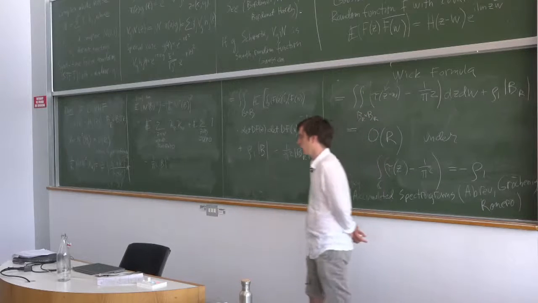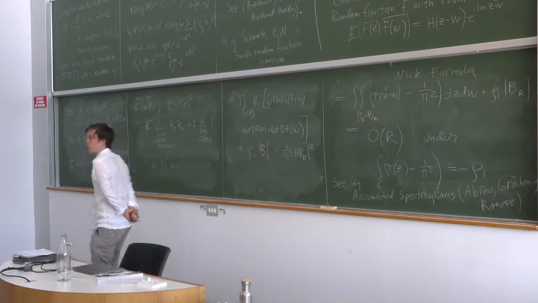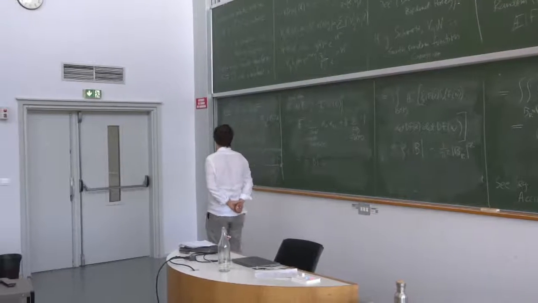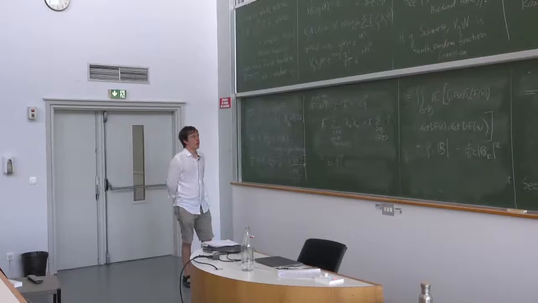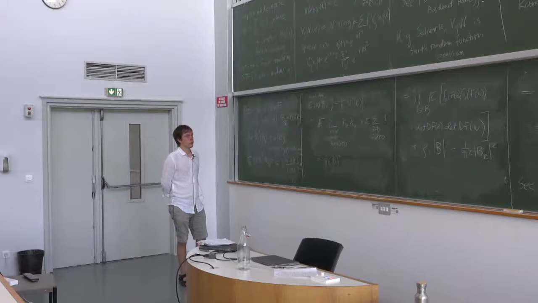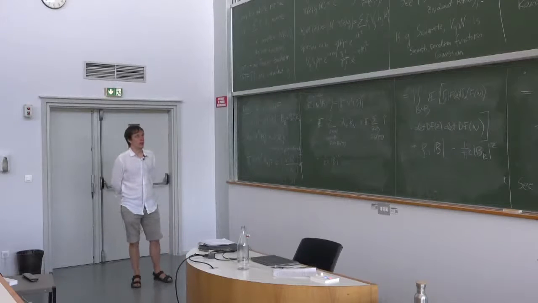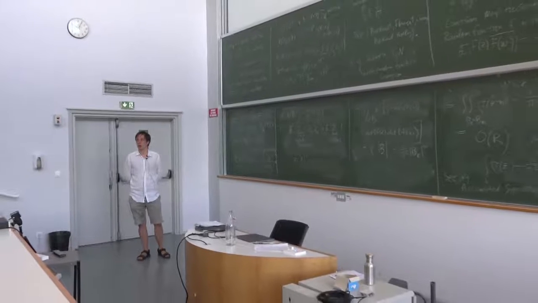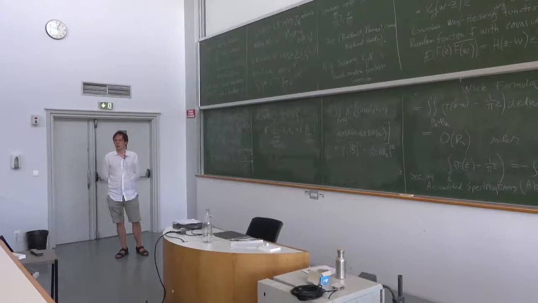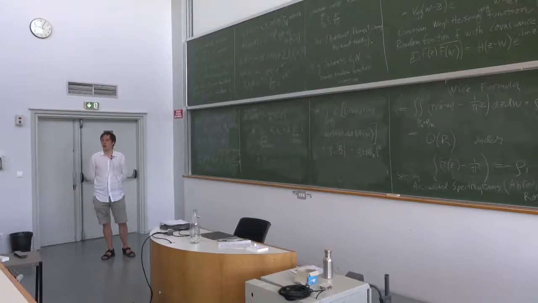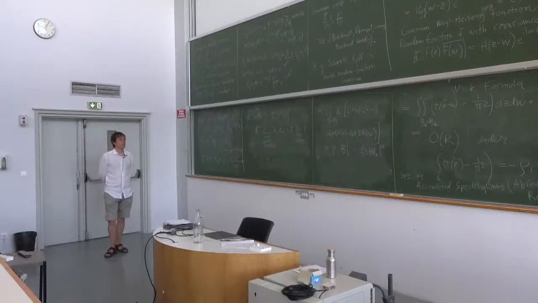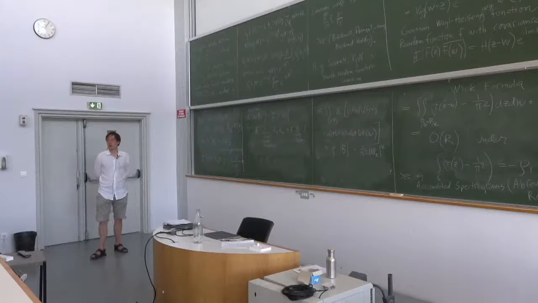But you can, for example, take two independent noises with different Hermite functions and make some kind of averages, and then still you have that. But it's a restriction, yes.